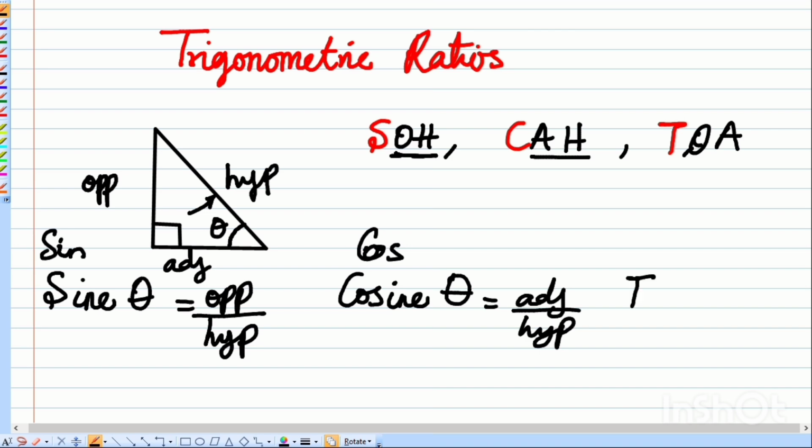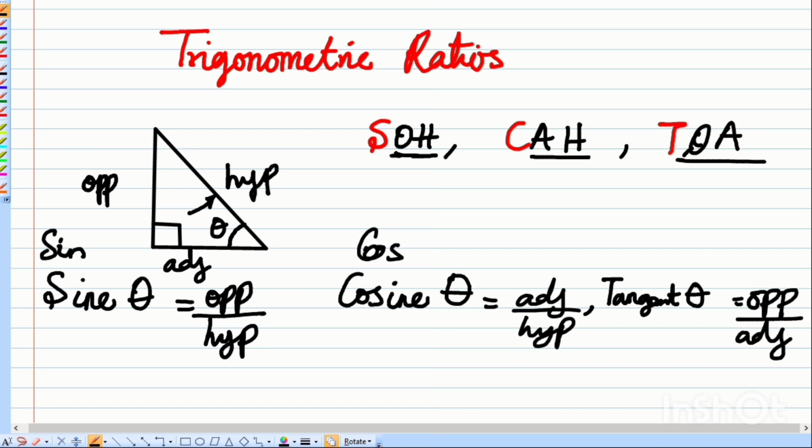While the tangent of theta, let me write this tangent properly, just in case you don't know the spelling, so you can learn it. So tangent. The tangent of theta is the opposite side over the adjacent side.